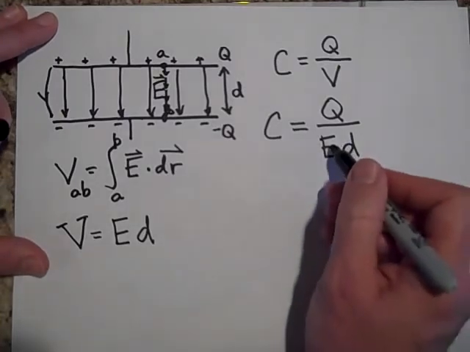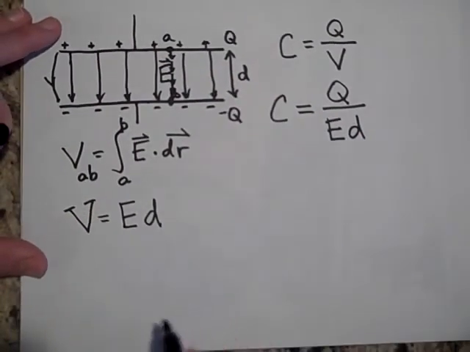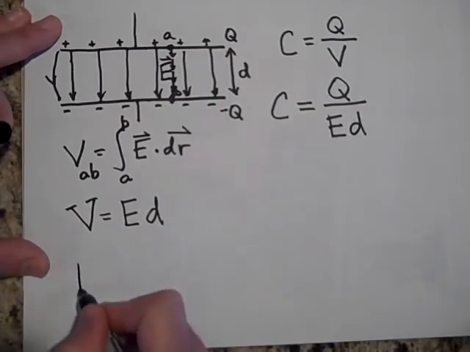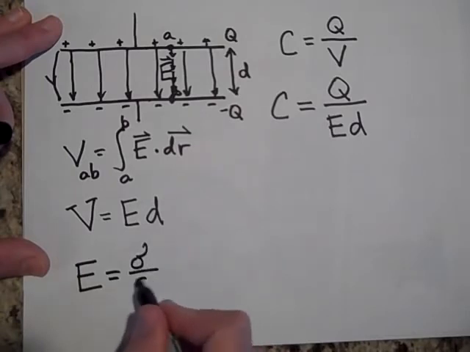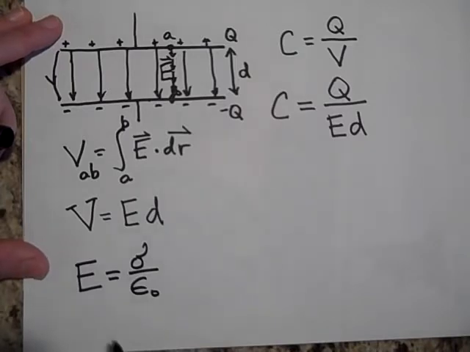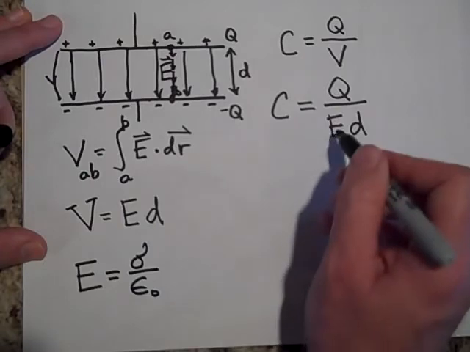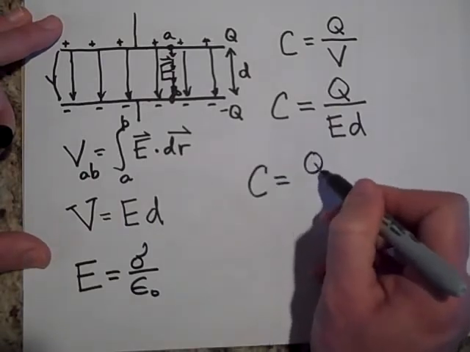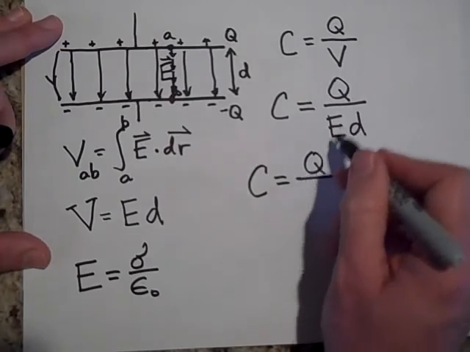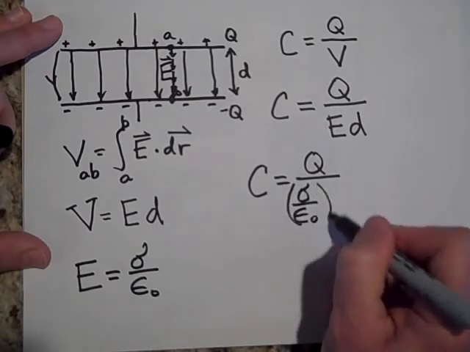Okay, now the electric field for plates, if you remember, the electric field just outside of a conductor, we derived this with Gauss's law, is sigma over epsilon naught. Some of you who had the slab, the electric field due to a slab, you derived this. And so what I'm going to do is take that and substitute it in for E. So the capacitance is Q over E times d, where E is sigma over epsilon naught.